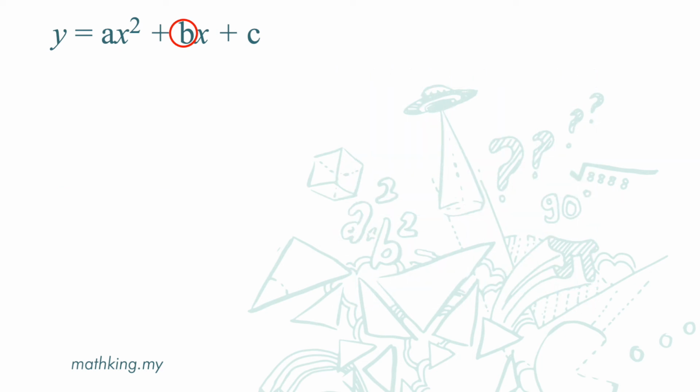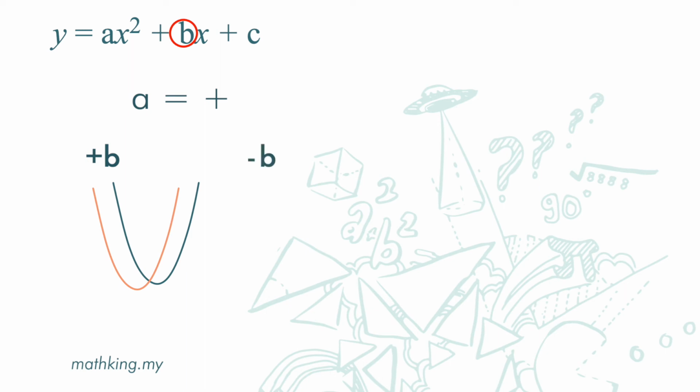So for the case where a is positive, that is when the shape is like this, the positive b will move the whole graph to the left. And the higher the value of b, the further to the left the graph is moved. Negative b will move the whole graph to the right. The higher the value of b, the further to the right the graph is moved.